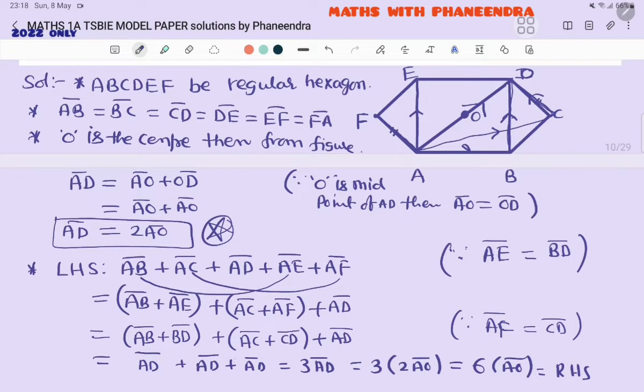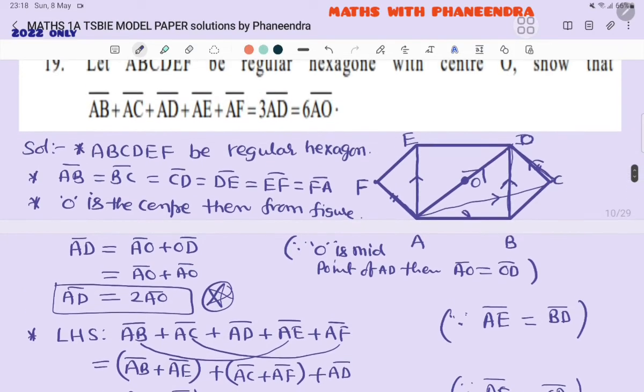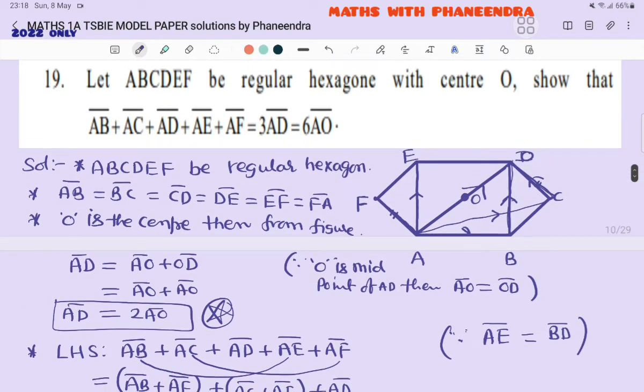So why are we taking only that one? AB plus BD is equal to AD by the triangular law of vectors, and AC plus CD is also equal to AD, again by the triangular law of vectors, plus AD. So AD plus AD plus AD, 3AD. So AD is equal to 2 AO bar from the star mark, so 3 times 2, 6 AO bar, which is the required RHS. I hope you understand, dear students. Slowly you can go through that once again.